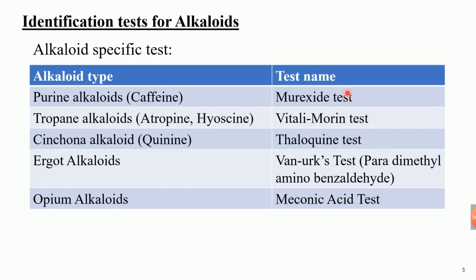So Murexide test is a specific test for caffeine or purine alkaloid. All other tests like thalleioquin, Van Urk's reagent, and the reagent name of Van Urk's test you should remember for examination because they have asked these questions in previous examinations.